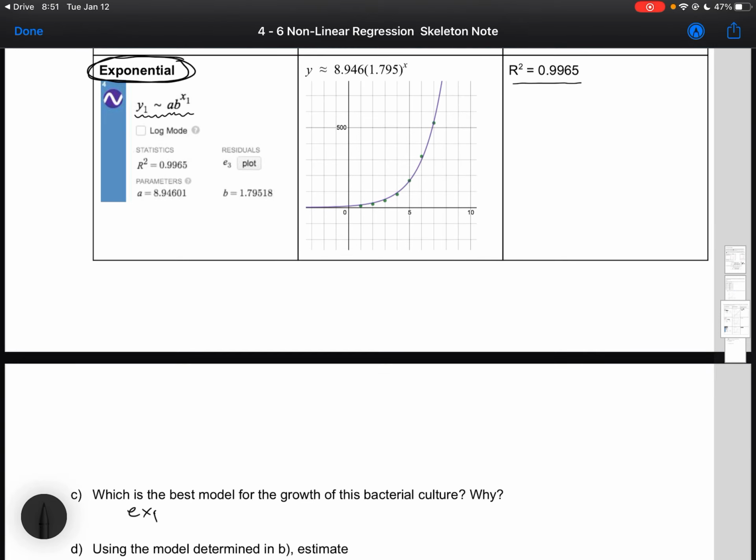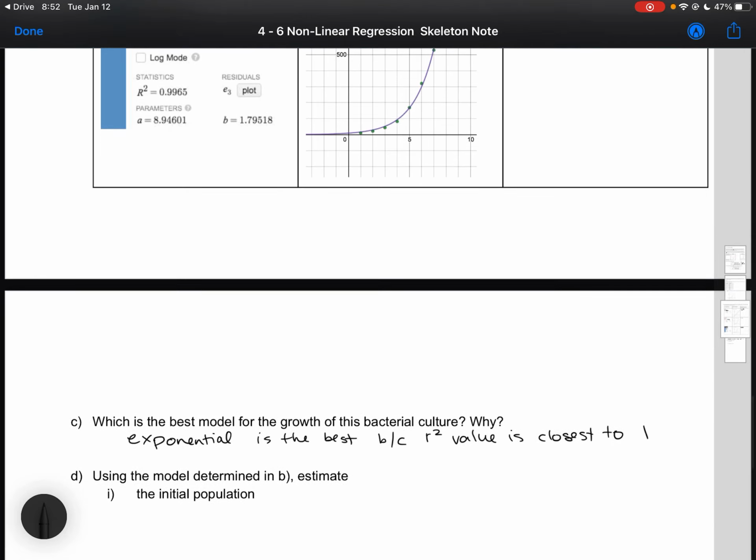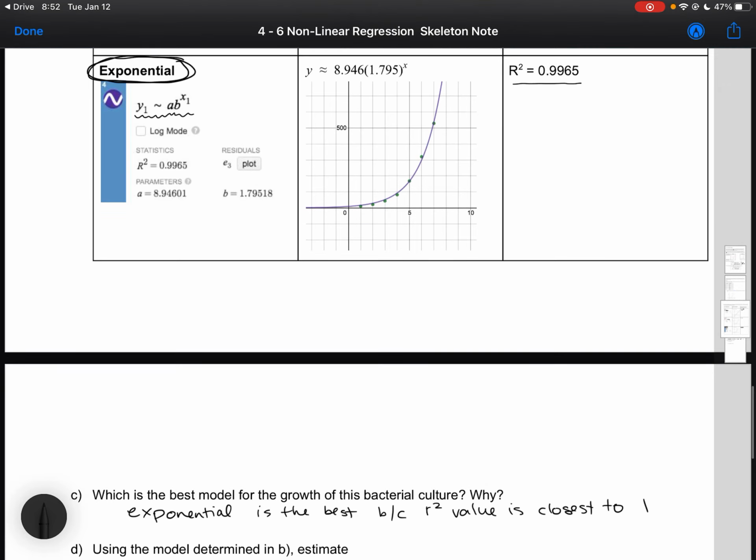Let's move on and answer some questions. For C, we're going to say our exponential is the best because the R squared value is closest to 1. Then what we're going to do is use our model to answer some questions.